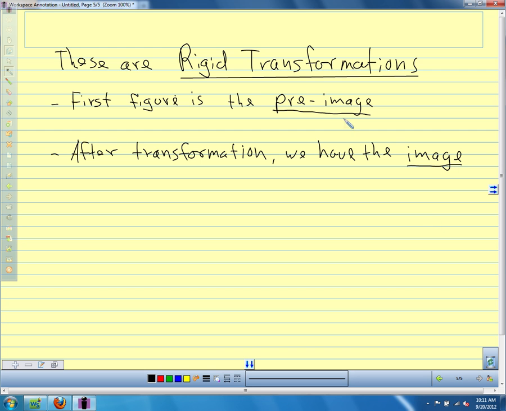The pre-image means the thing before it gets transformed. The image is what happens after it's transformed. And we said that the size and the shape of the image and the pre-image were the same. So the image and the pre-image are congruent. With these three transformations, the image and the pre-image are always congruent.